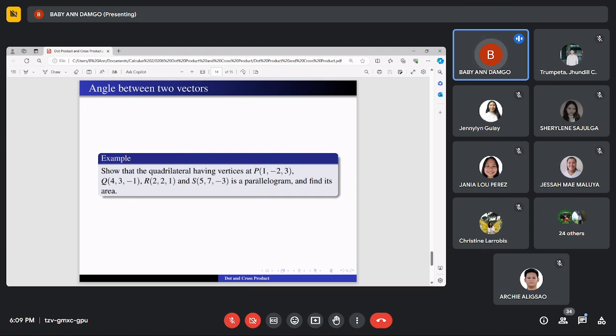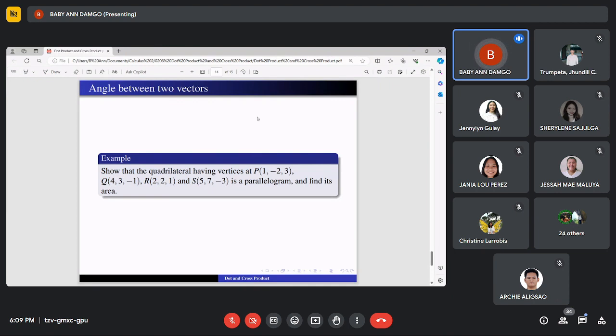So first, we need to show that these points are the vertices of a parallelogram. From the definition of a parallelogram, its opposite sides should be parallel.